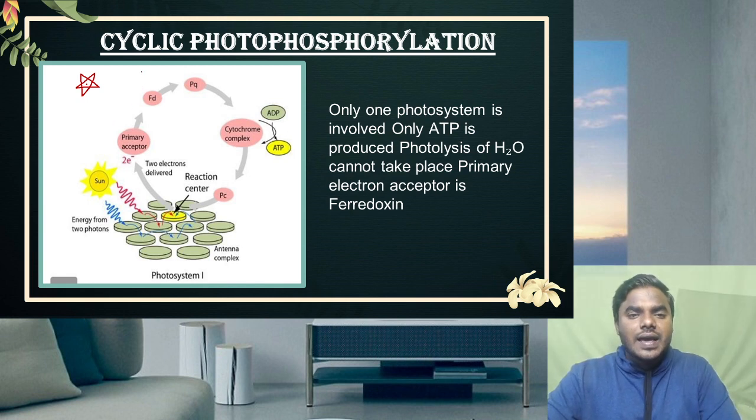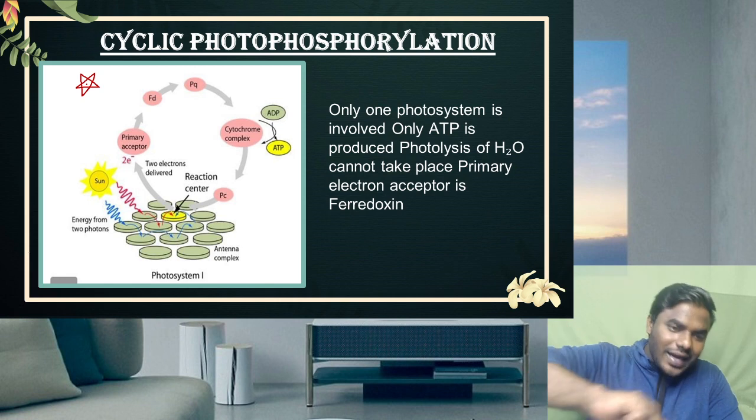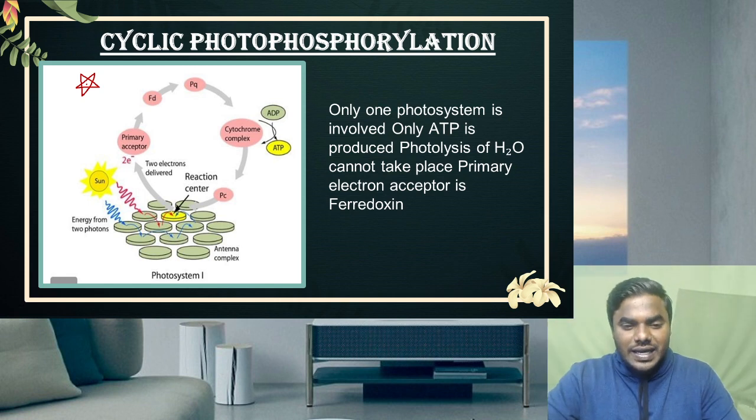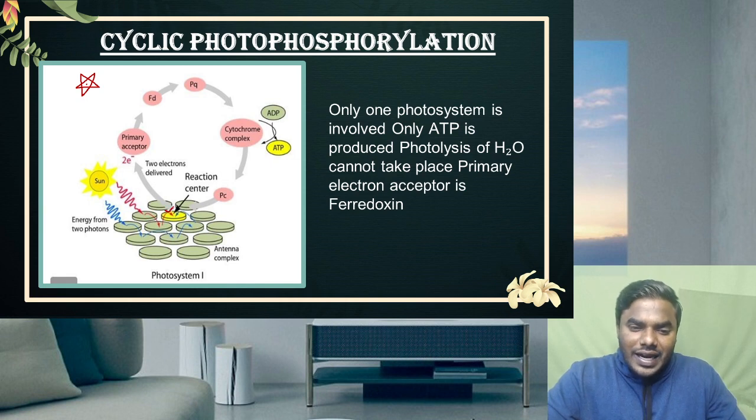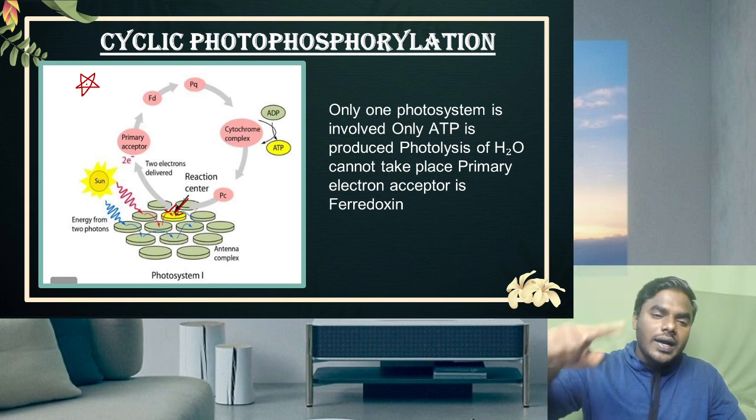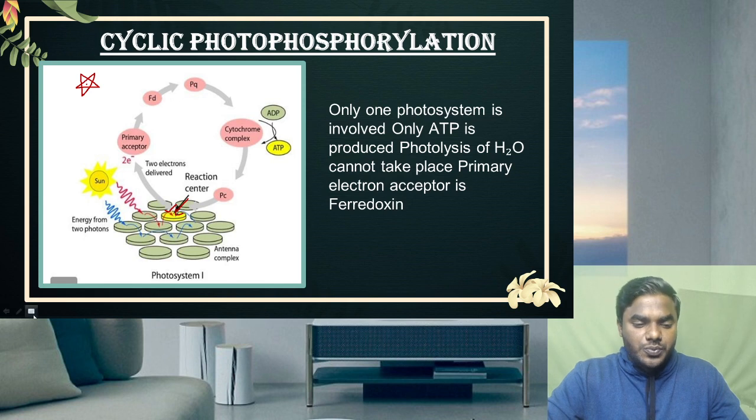Why did I say cyclic photophosphorylation? I called it cyclic photophosphorylation because the electrons are moving in a cyclic manner. In a simple way, you only look at the point: the electron started from here, and once again the electron reached the same origin. That's why we call it cyclic photophosphorylation.